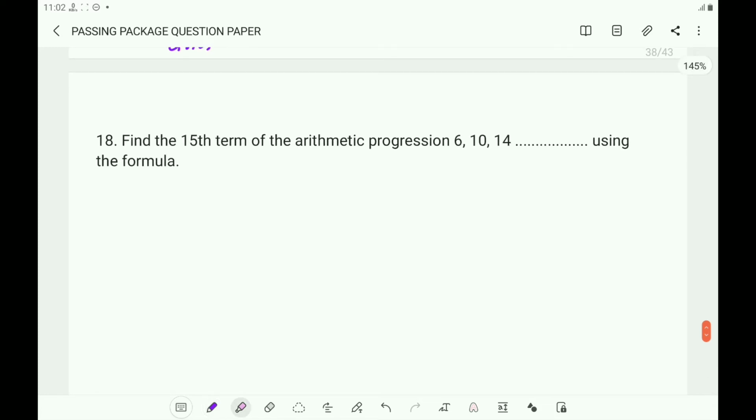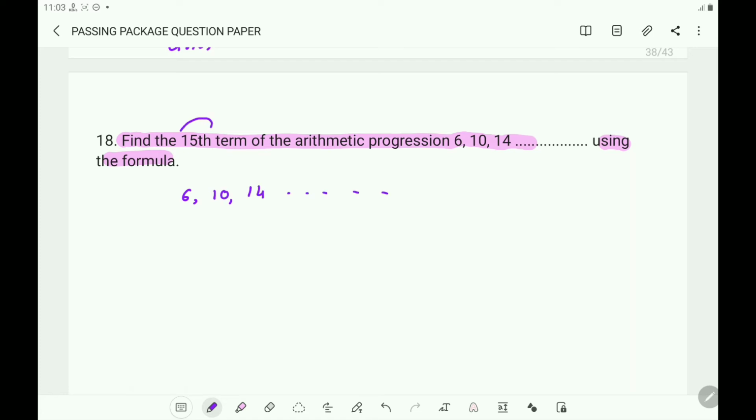Next let us take question number 18. What is that question? Find the 15th term of the arithmetic progression 6, 10, 14 using the formula. You know that here the set of numbers are in AP. Therefore, you write the given AP 6, 10, 14, and so on.